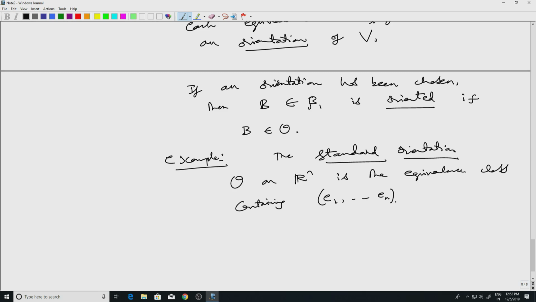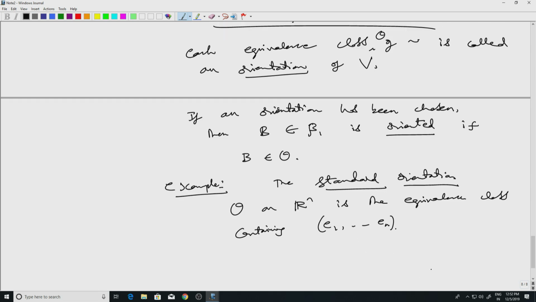In other words, we say that a basis of Rn is oriented if that basis is related to E1 up to En with the change of basis matrix having positive determinant.